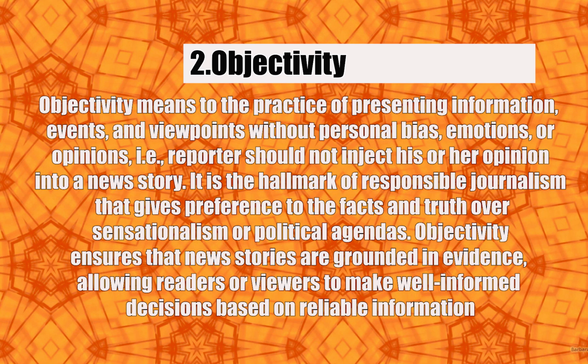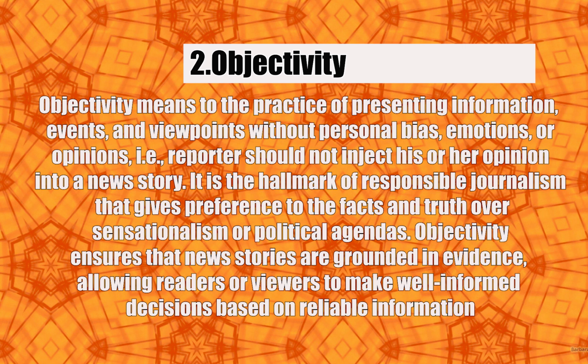Objectivity means the practice of presenting information, events and viewpoints without personal bias, emotions or opinion. That is, the reporter should not inject his or her opinion into a news story. It is the hallmark of responsible journalism that gives preference to the facts and truth over sensationalism or political agendas.